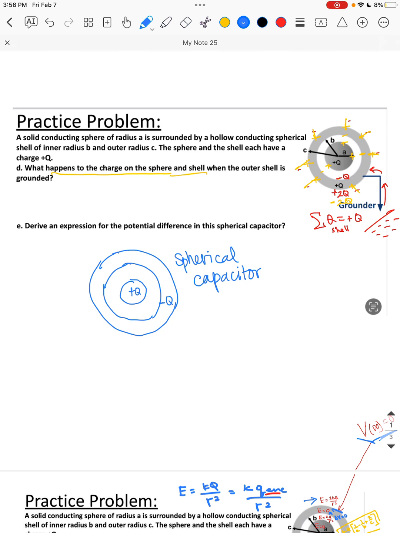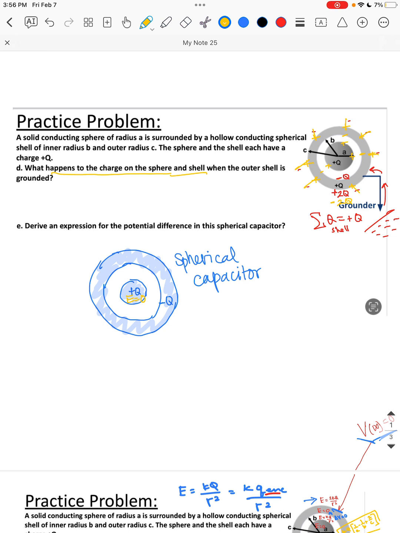Instead of taking a positive and negative plate, I've turned it into a positive and negative sphere. Now, what we want to think about here is, again, this is a solid and this is a solid. And now that I have them equal and opposite, I still have an electric field of 0 in the center.